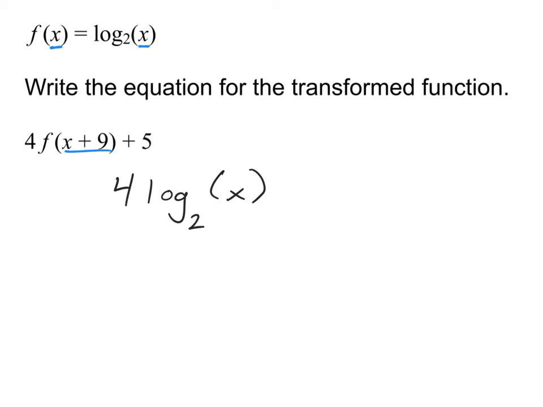So I'm going to have to move that second parenthesis and make room so I can write x plus 9 inside of the parentheses. And now I've dealt with the x plus 9 part, which leaves me only with the plus 5 hanging on the end, which I deal with by putting a plus 5 on the end of my equation. And now I have written my transformed function.